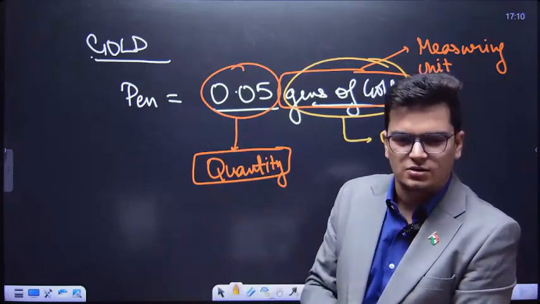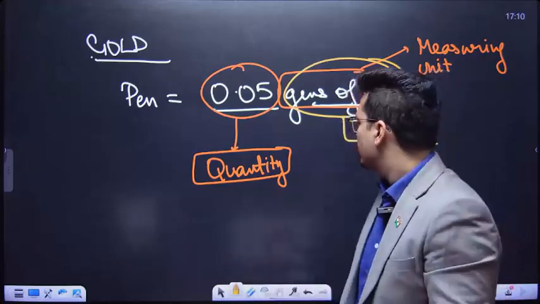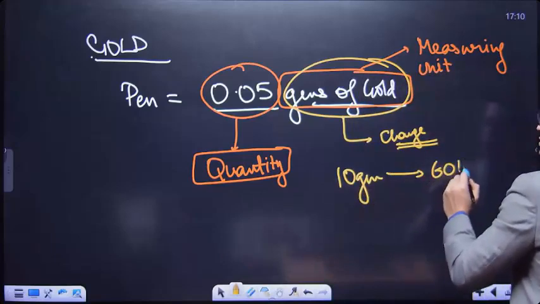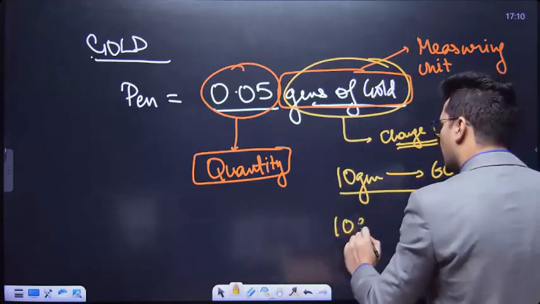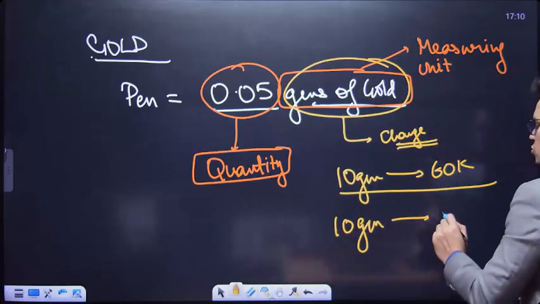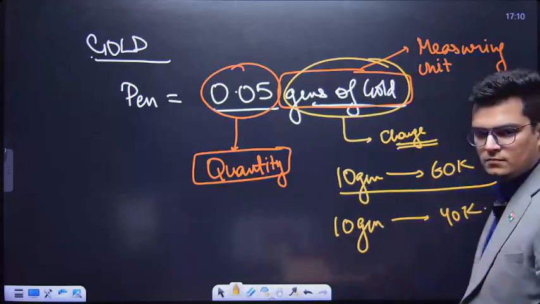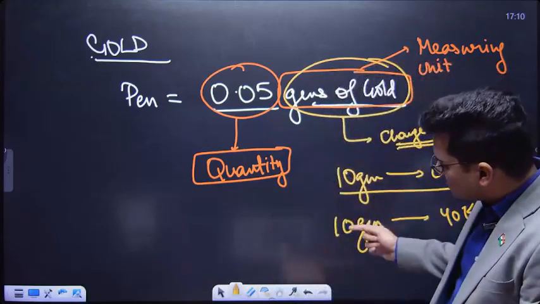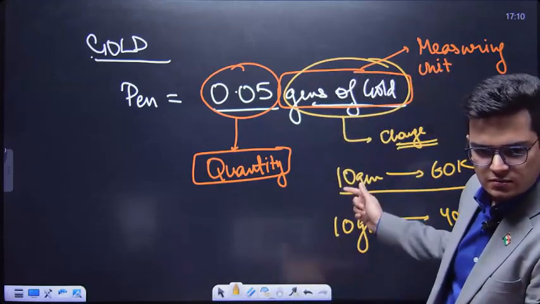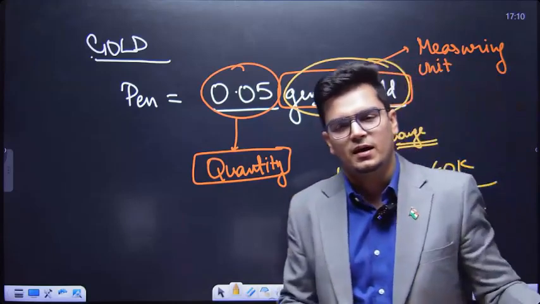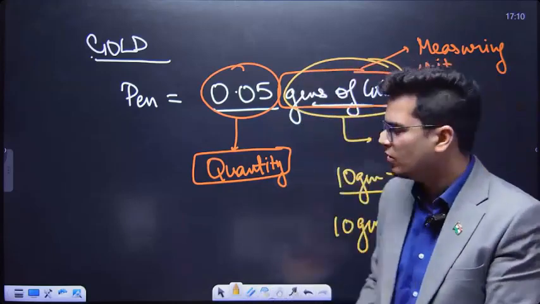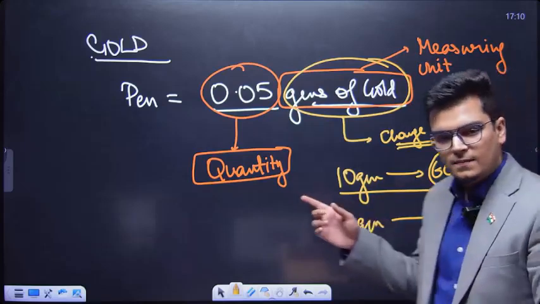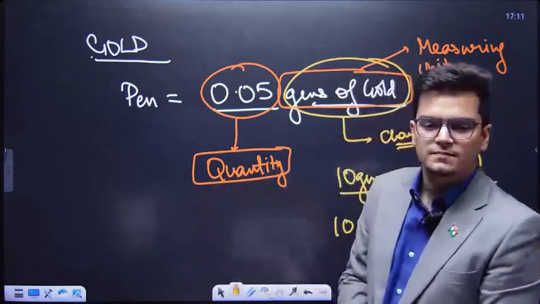Now it's 60,000. So if 10 grams of gold costs rupees 60,000 now, some time back 10 grams of gold used to cost rupees 40,000. Today 1 tola of gold is 60,000 rupees, earlier it was 40,000 rupees. This value has also changed.